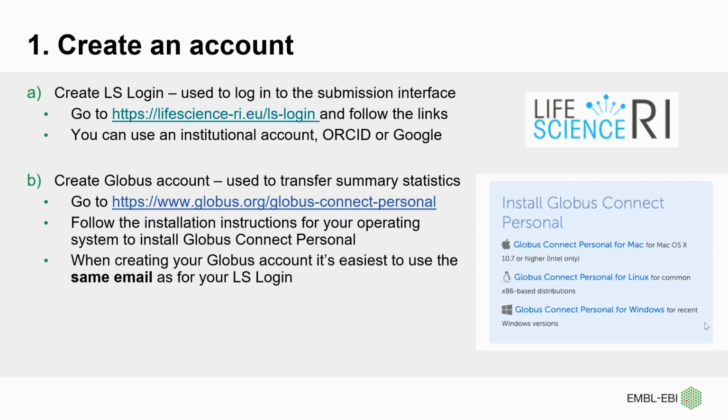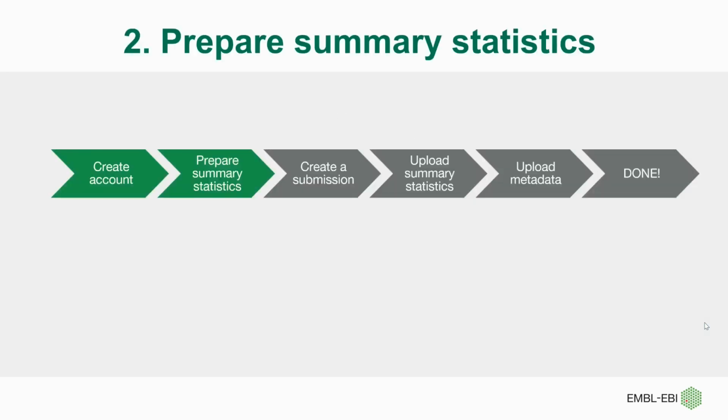And it's easiest to use the same email that you used for your life science login. But either way, take note of the email address that you've associated with your GWAS Connect Personal, because you'll need that later. And you'll also create something called a GWAS endpoint, which is basically a connection between GWAS and your computer's file system. And you can give that a name that you'll remember.